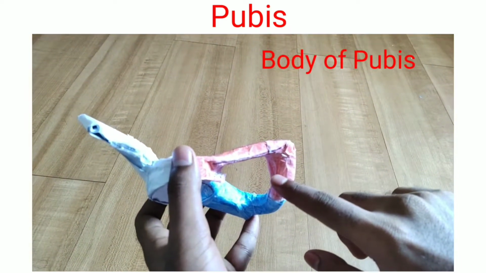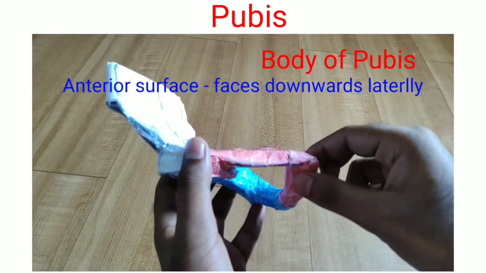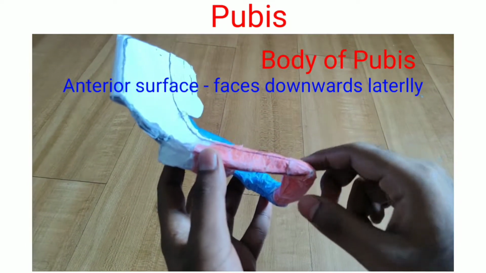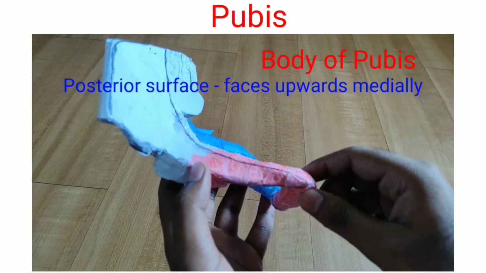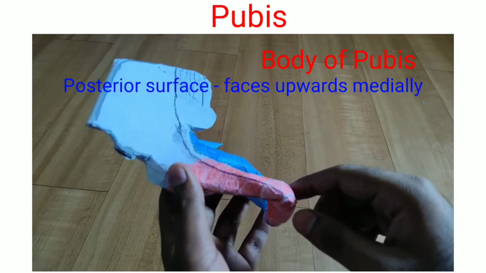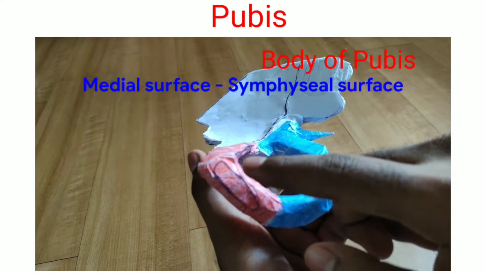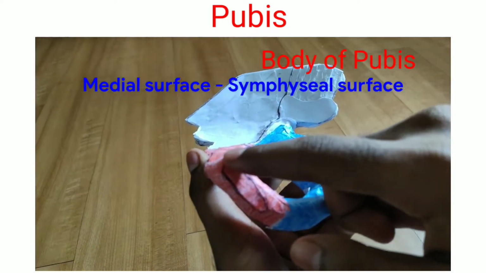The anterior surface is facing downwards and slightly lateral, and the posterior surface will face upwards and slightly medial, and the medial surface will have the symphyseal surface.